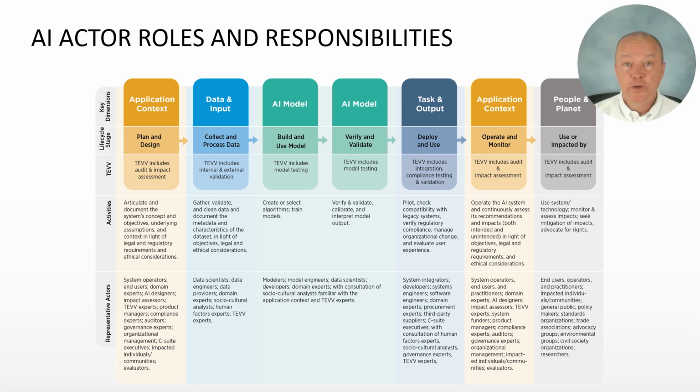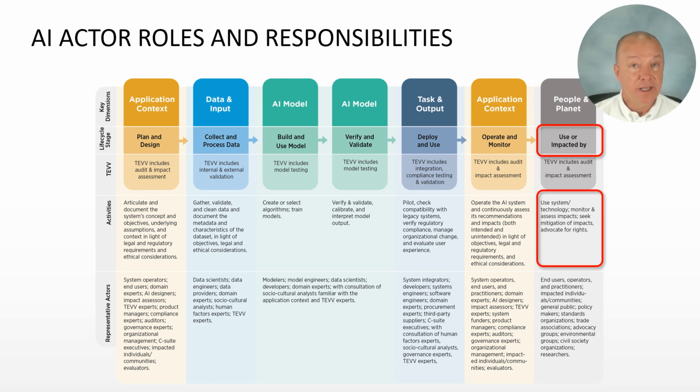We now move to our final life cycle stage, where we have to consider, well, the impacts of AI on our people and planet. This is where we assess the use or impacted by life cycle stage. So this is where we actually perform use system and technology. We monitor and assess impacts.